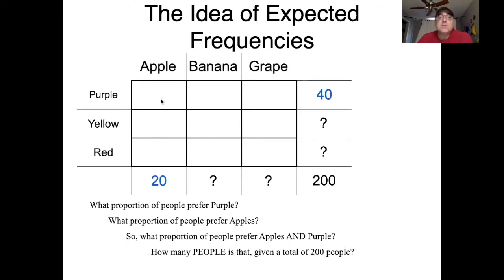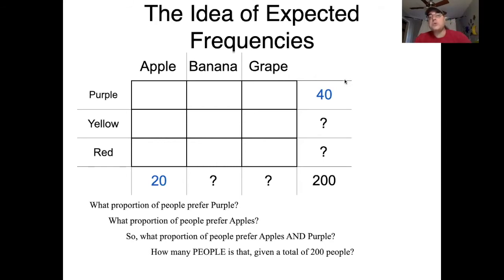Okay? So the proportion of people who prefer purple, why did I make this so hard on my articulators? All right. Anyway, the proportion of people who prefer purple is actually 40 out of 200. Got it? 40 divided by 200, that's 0.2.